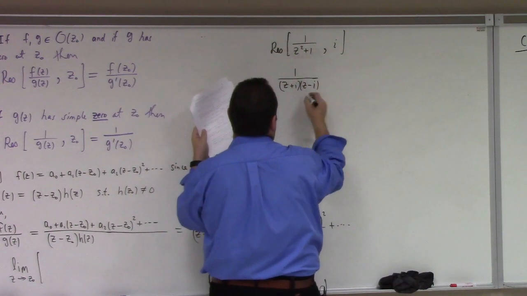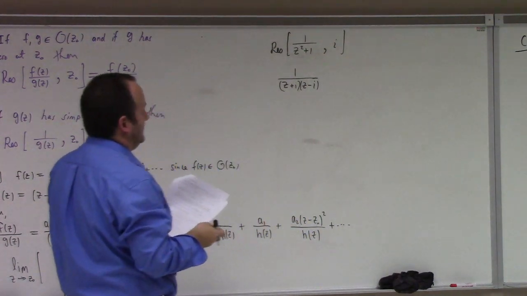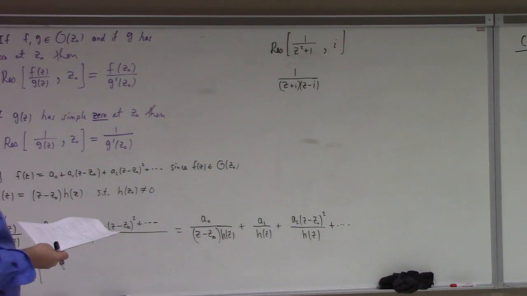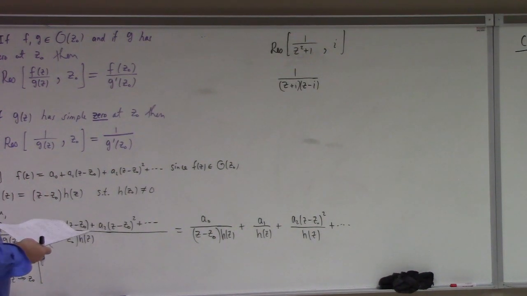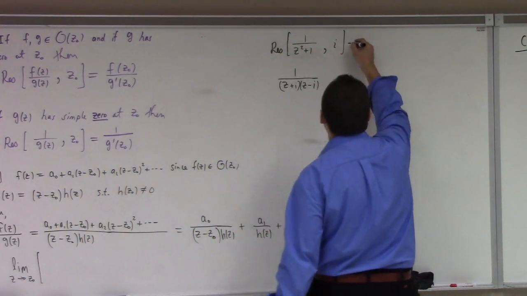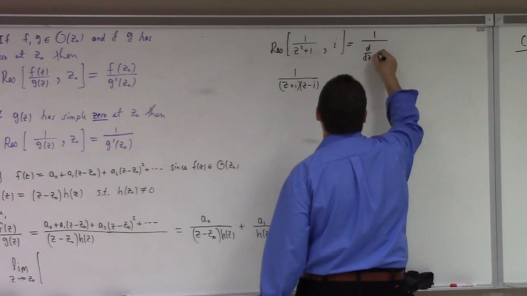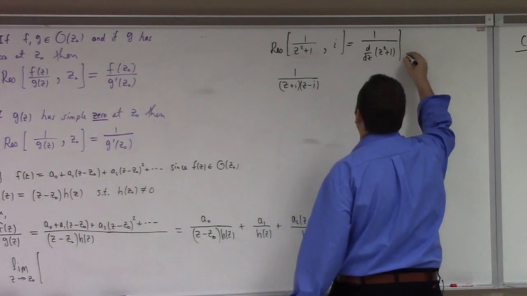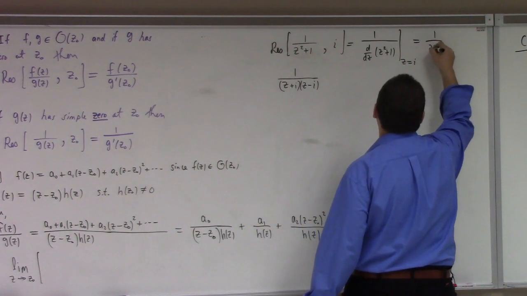So the fact that these are equal reveals immediately that it's got a simple pole at i. So we can use rule 4. What's rule 4 say? It says it's 1 over the derivative with respect to z of z squared plus 1, evaluated at z equals i, which is 1 over 2i.